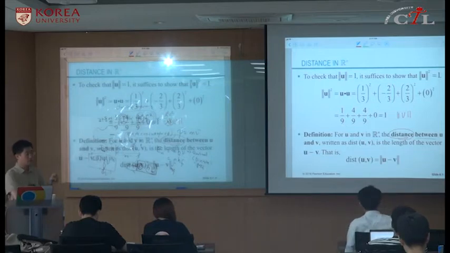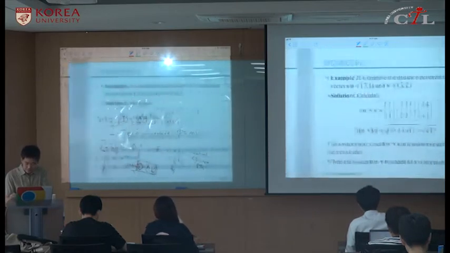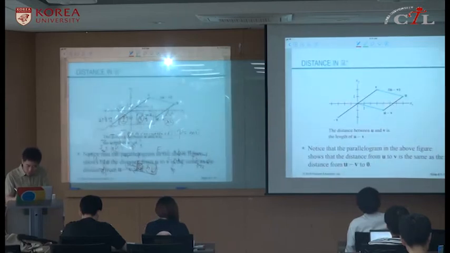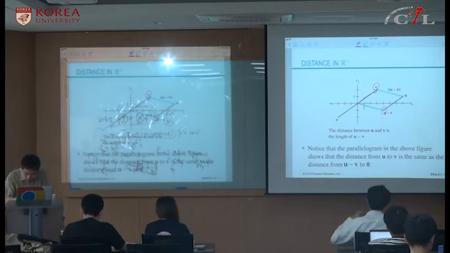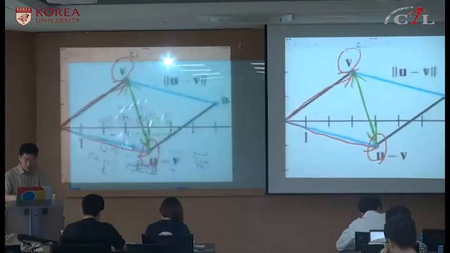So we now consider the two vectors, u and v, and the distance between these two vectors. If we are given these two vectors, the first vector is this one, and the second vector is this one. And then we consider the length between those 2 points, or the distance between those 2 points.